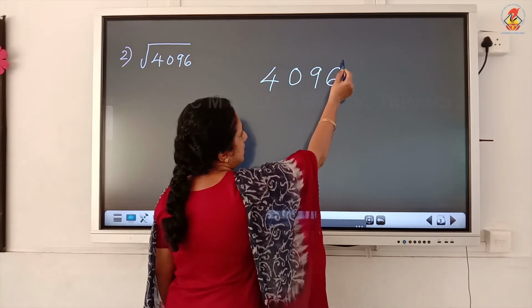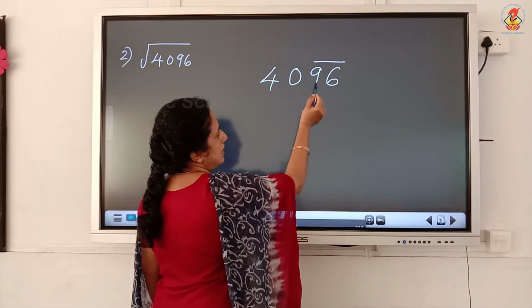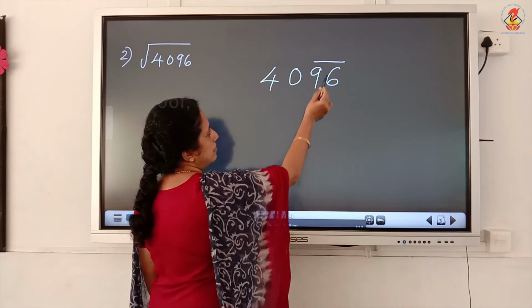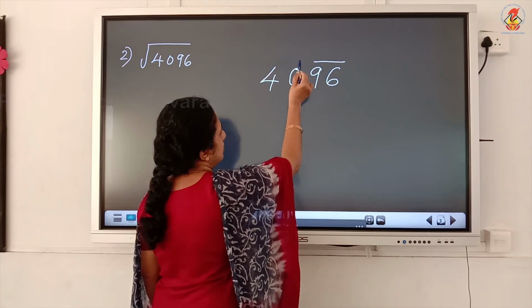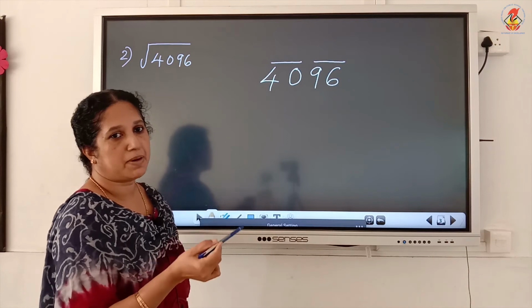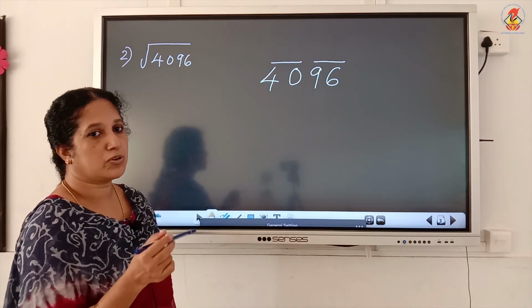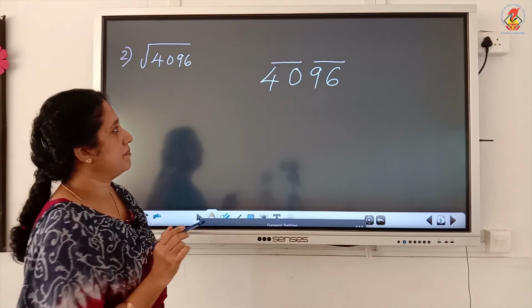So starting from the right side of the given number, 6 and 9 will go in one pair, so you draw a bar over there, then 0 and 4. How many bars are here? There are 2 bars. So the square root will be a 2-digit number.